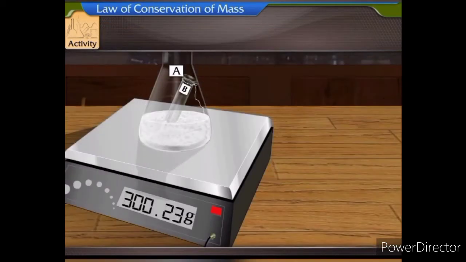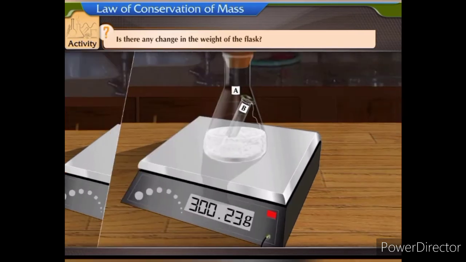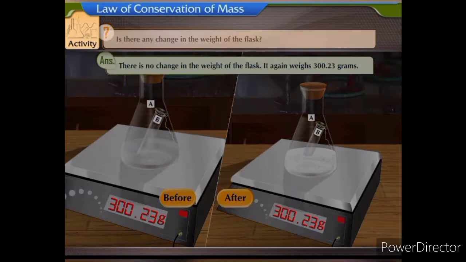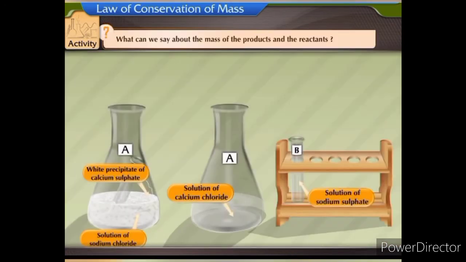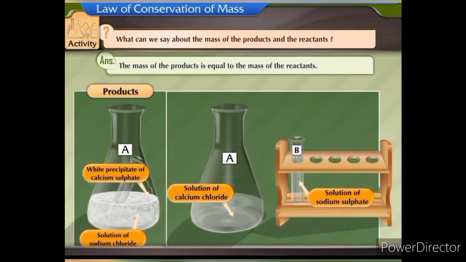Now weigh the flask again. Is there any change in the weight of the flask? No, there is no change in the weight of the flask. It again weighs 300.23 grams. What can we say about the mass of the products and the reactants? The mass of the products is equal to the mass of the reactants.